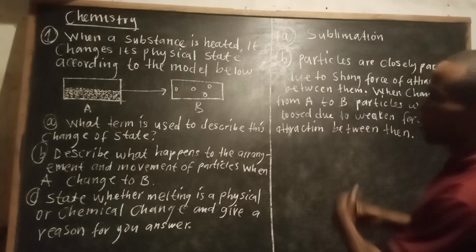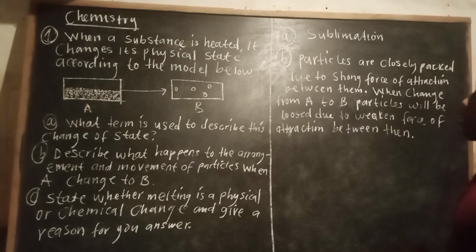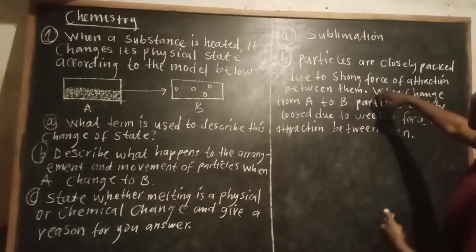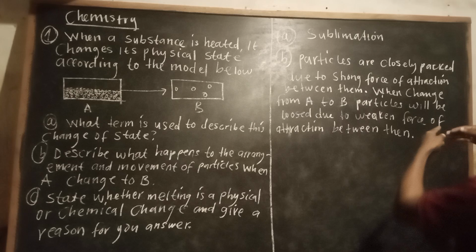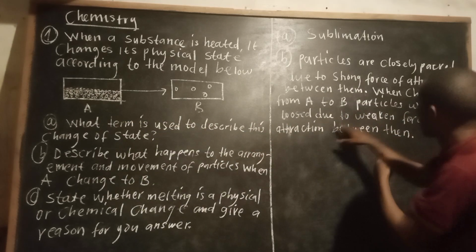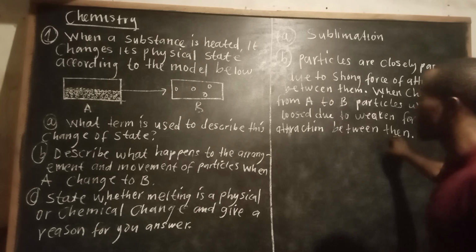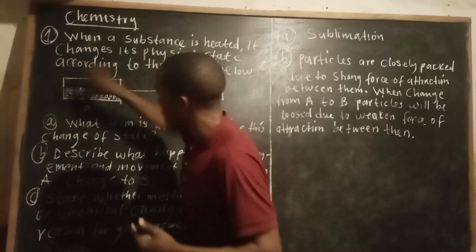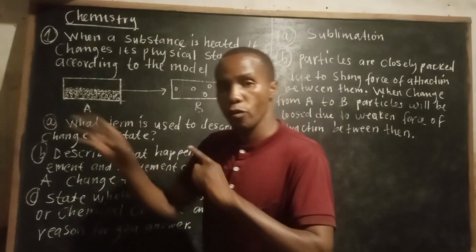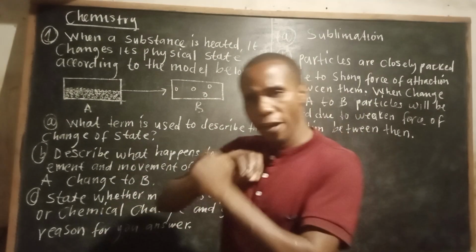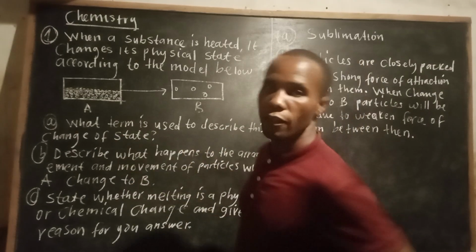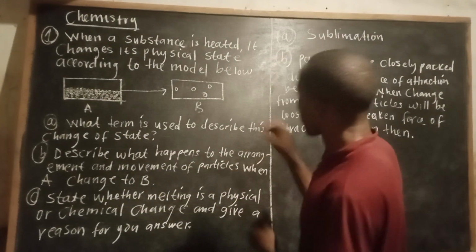So that's the way to go. That is how you are going to describe. Particles are closely packed due to strong force of attraction between them. When changing from A to B, particles will be loosened due to weakened force of attraction between them. Once heat is applied, kinetic energy will increase, and the force of attraction between them will be very weak, and as a result, particles will start moving. So that is the answer.